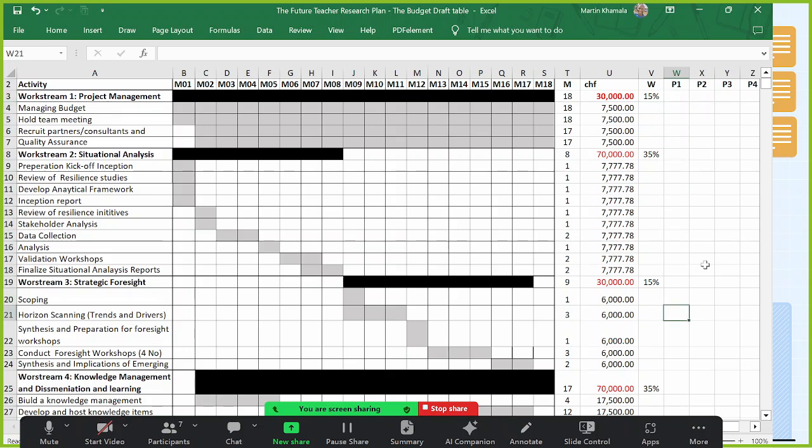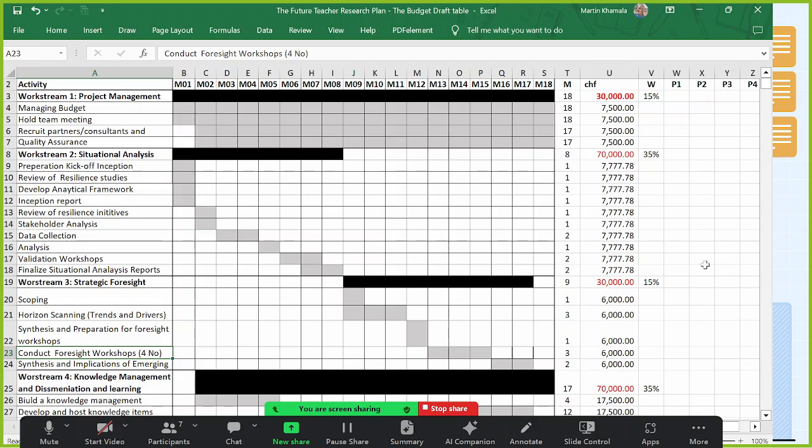You see, work stream 3 has workshops where you will bring people together, and they will conduct a workshop. So you have a lot of money. You can imagine you have 4 workshops, and maybe each workshop has like 30 people. You're accommodating them.